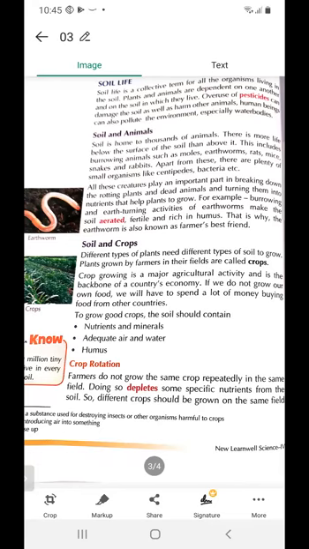Overuse of pesticides can damage the crops as well as harm other animals. Human beings can also pollute the environment, especially water bodies.